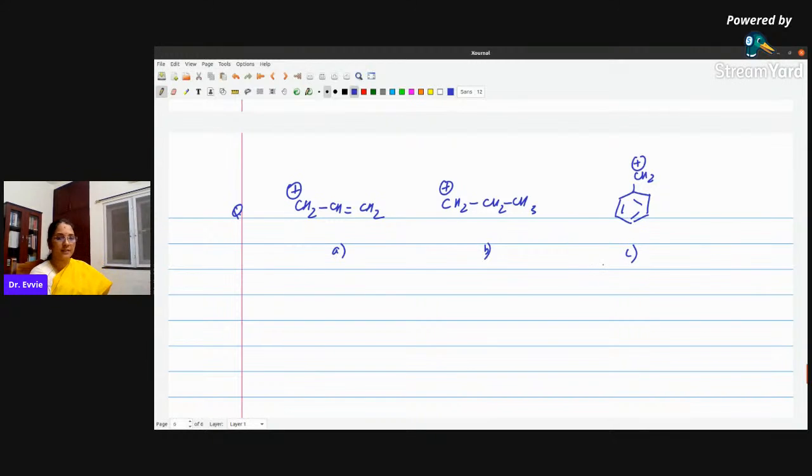Can you all try this? Since I've given you the complete details about carbocation stability, I think you can now just try and get it. You'll get some confidence if you do this question.